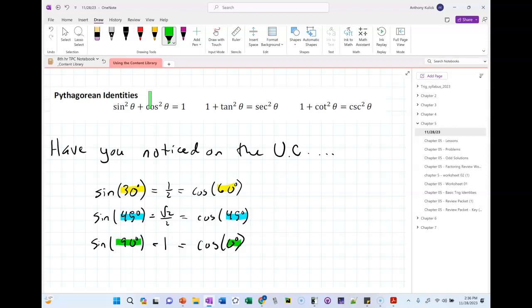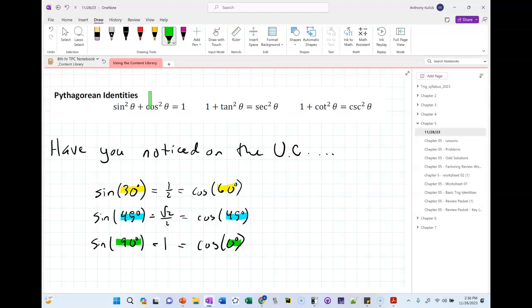What was the name for angle pairs that did that in geometry? Close. You have the right 2 first letters. Complementary is the term that you're looking for. So, can I tell you a secret? You know the co in front of cosine, and in front of cotangent, and in front of cosecant?